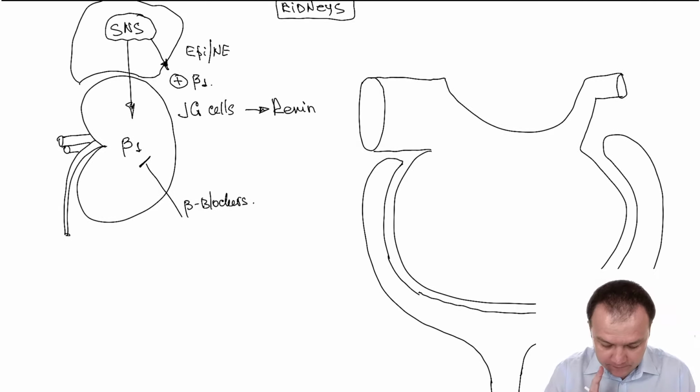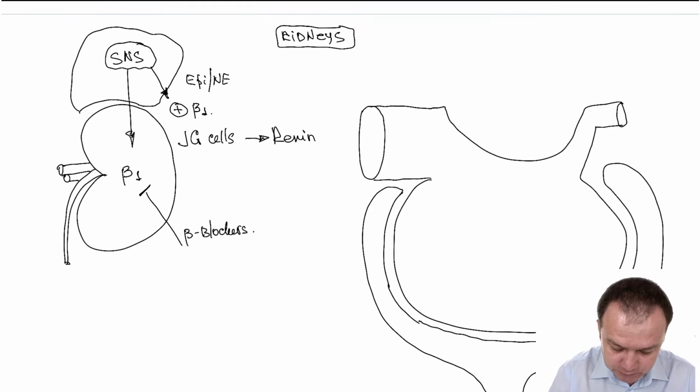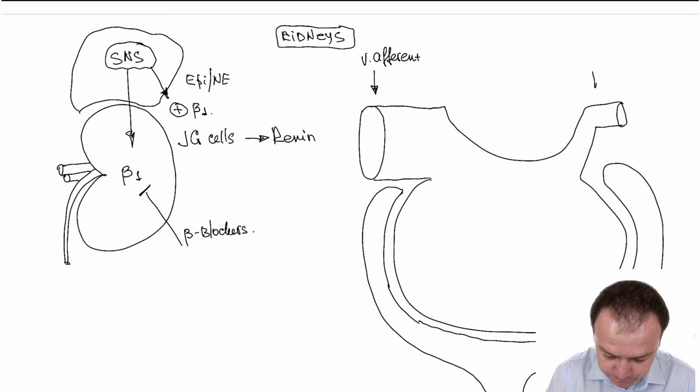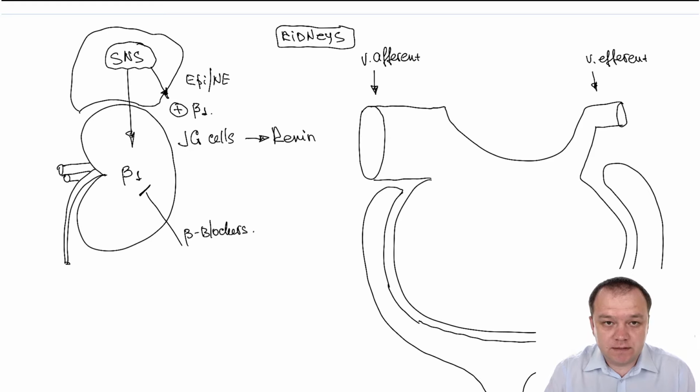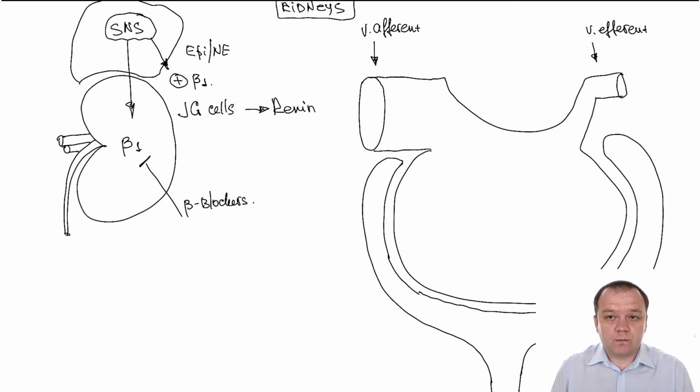So we have two vessels. The first one is the vas afferent, and the second one is the vas efferent. And you see that the diameters of these vessels are different, right? Because the diameter of vas afferent is greater, and the diameter of vas efferent is smaller.